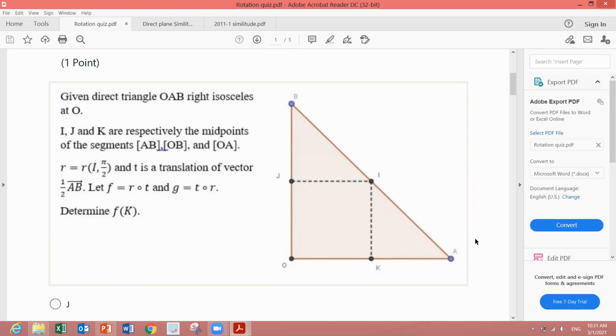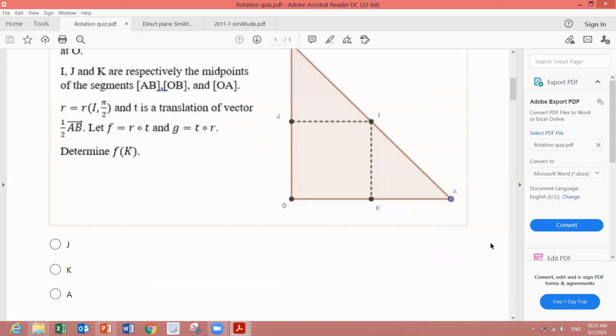R is the rotation of center I and angle 90, and T a translation of vector AB, and F is R round T, and G is T round R. بدنا نلاقي F of K. Choose the correct answer: J, K ولا A.